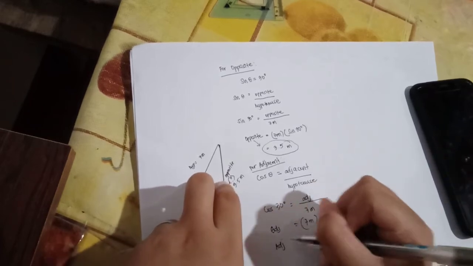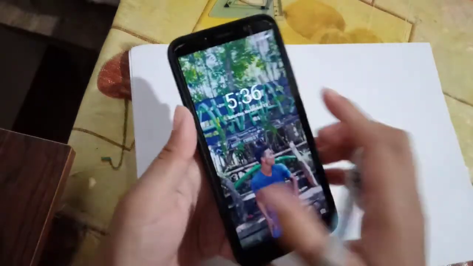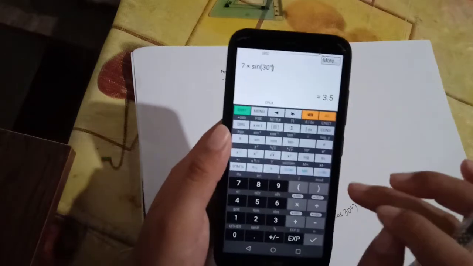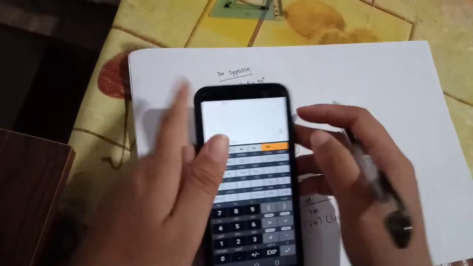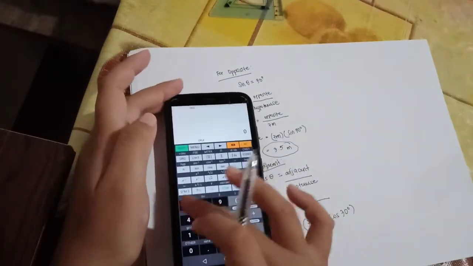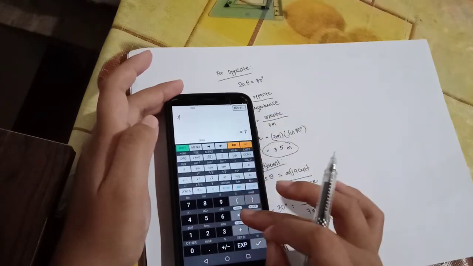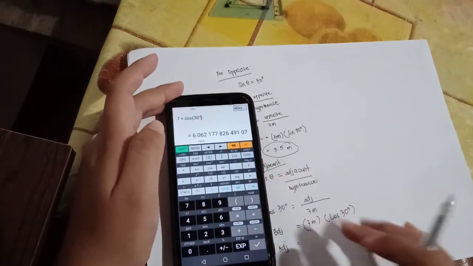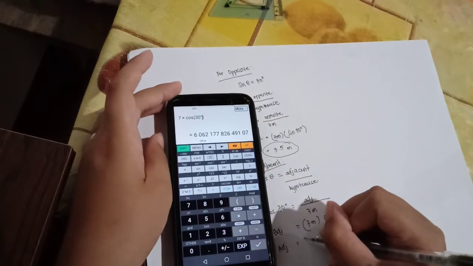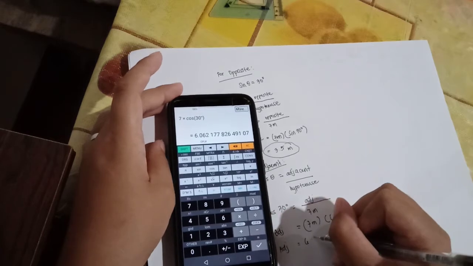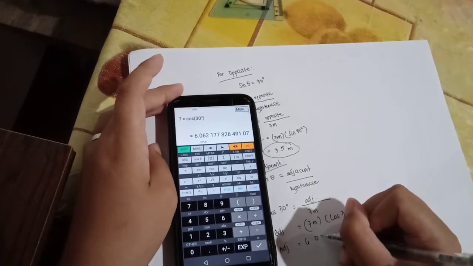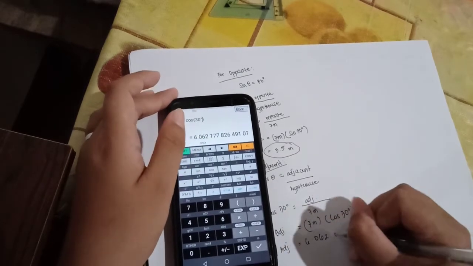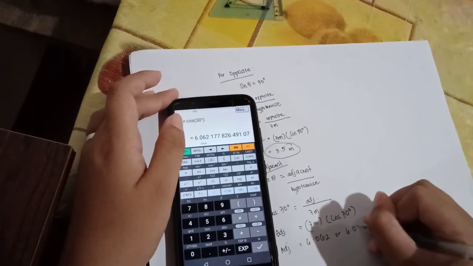So our new adjacent now, we're going to use our scientific calculator. 7 meters times cos 30 degrees is equal to 6.062, or 6.06.